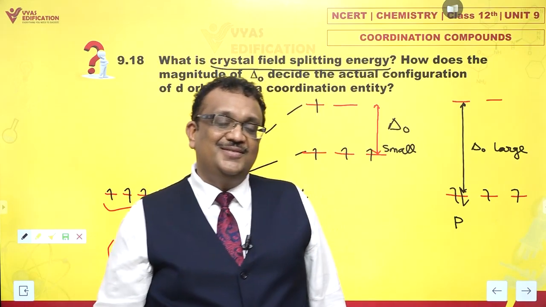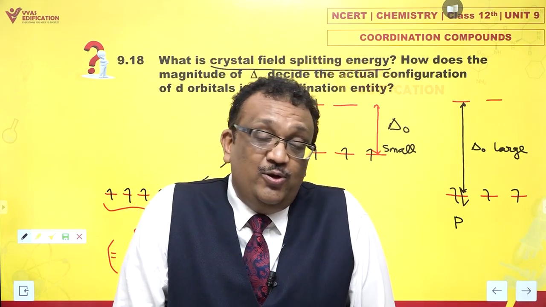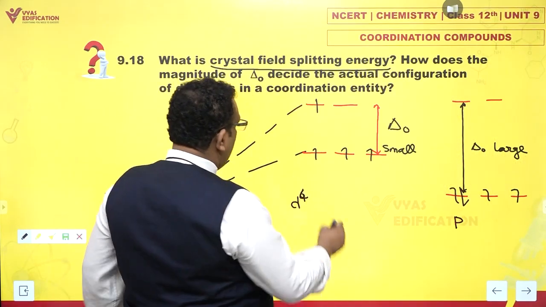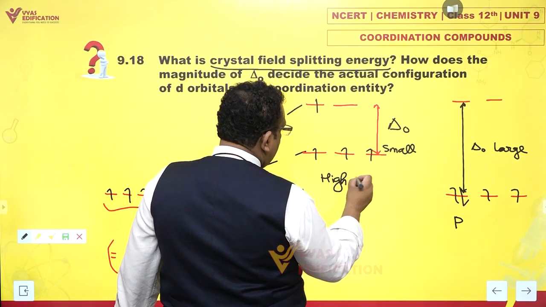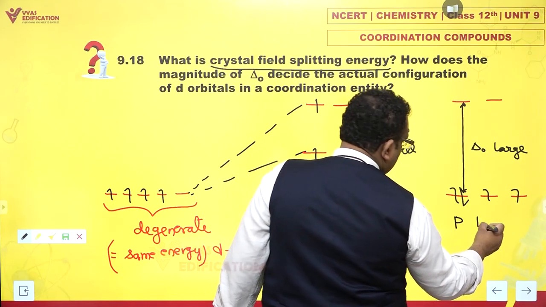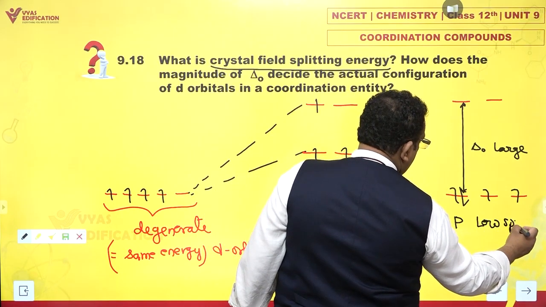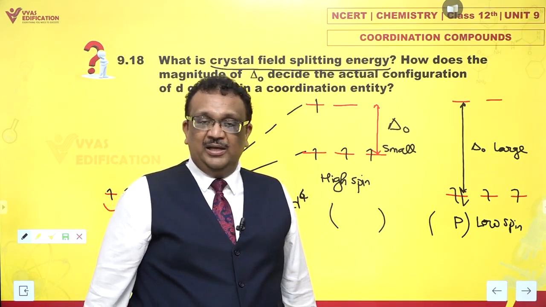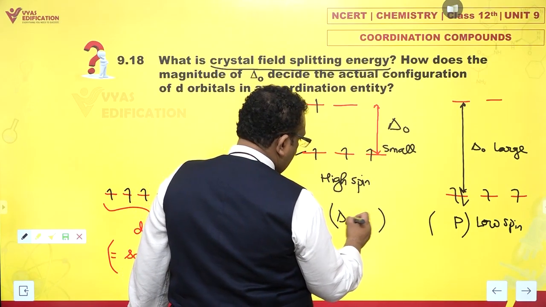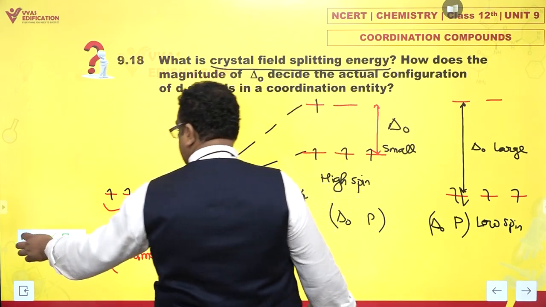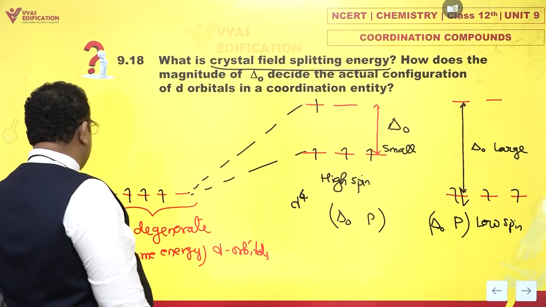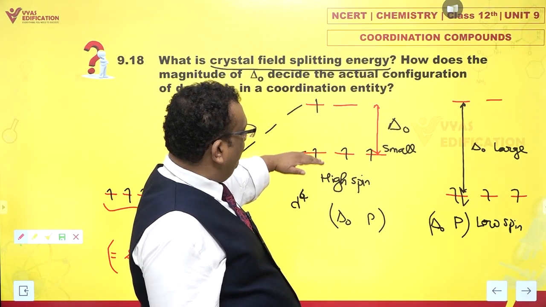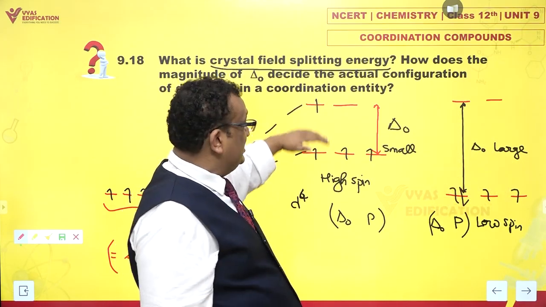By common sense, can you not compare which is going to be large? This is a case of the so-called high spin complex, and this is a classic case of a low spin complex. Can I compare delta O and P? Well, I would be able to. Nature is very clever in calculations. Jumping up requires extra energy.